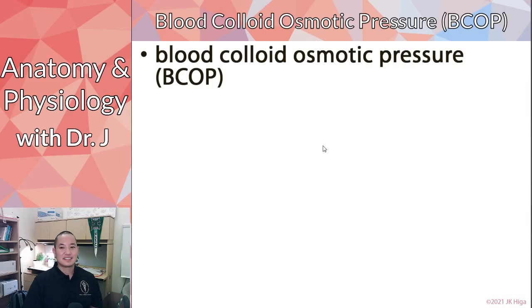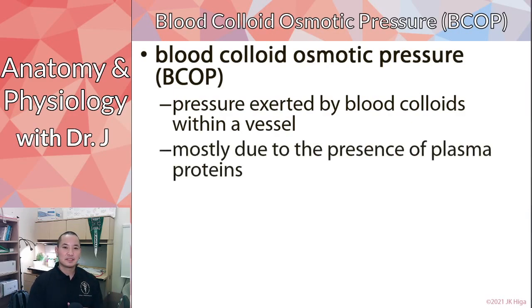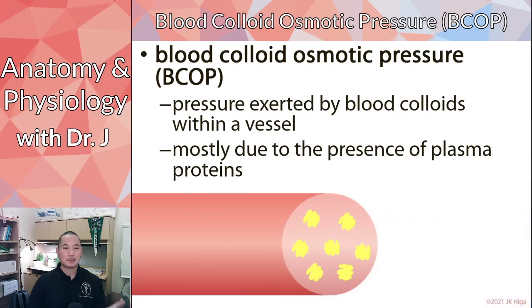So what is blood colloid osmotic pressure, or BCOP? Well, it's a pressure exerted by blood colloids within a vessel. Colloid is a type of mixture, a suspension in a liquid, and it's mostly caused by the presence of proteins in your blood. These proteins draw in water, and this is called oncotic pressure.